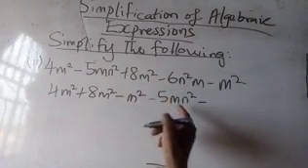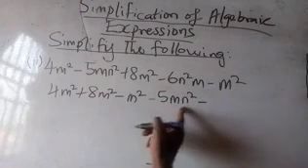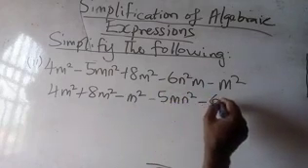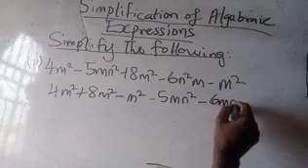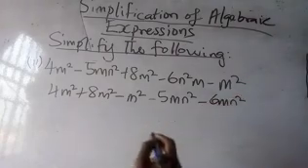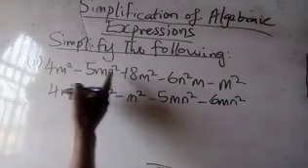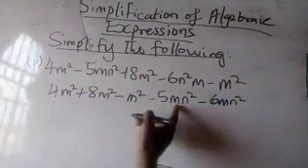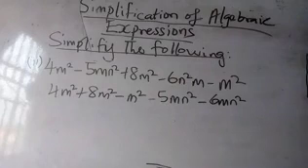I can change it following the order of letters in alphabetical order: minus 6mn squared. So we've successfully rearranged the terms in this expression.